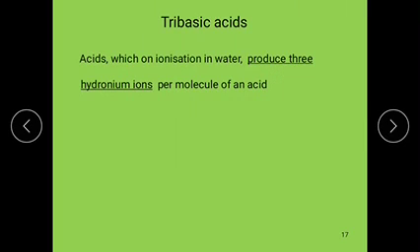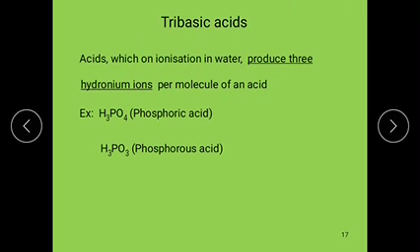Let us see tribasic acids. The acids which on ionization in water produce three hydronium ions per molecule of acid are called tribasic acids. Examples are phosphoric acid, H3PO4, and next one is H3PO3, phosphorus acid.